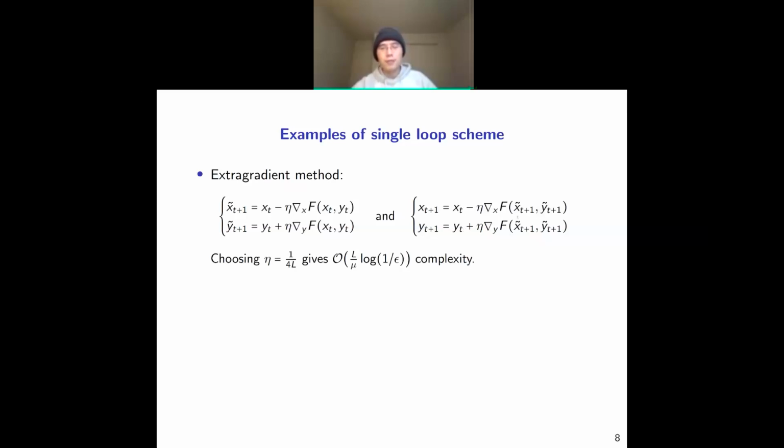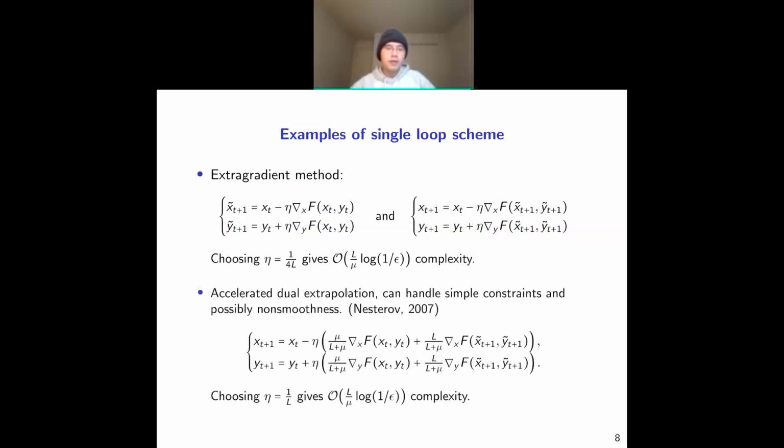Although this looks a little bit weird, for the minimax problem it indeed improves on the gradient descent ascent algorithm. And it turns out you can choose a much more aggressive step size. You'll have L over mu times log 1 over epsilon iteration complexity. And under some special parameter regimes, this is actually an optimal algorithm, and it matches the existing lower bound for min-max problems. However, under the most general parameter settings, there are some cases where this is not optimal.